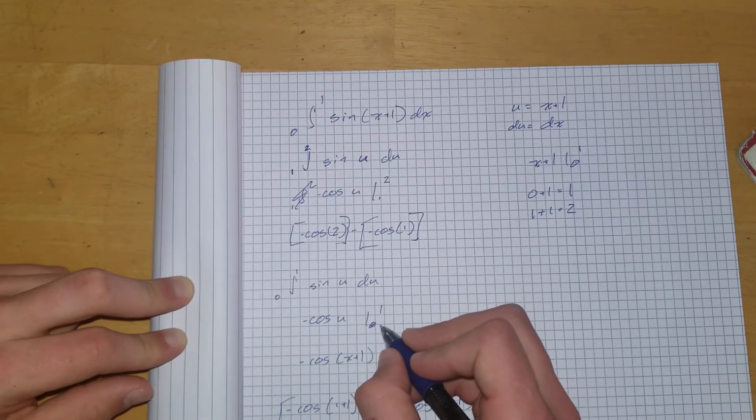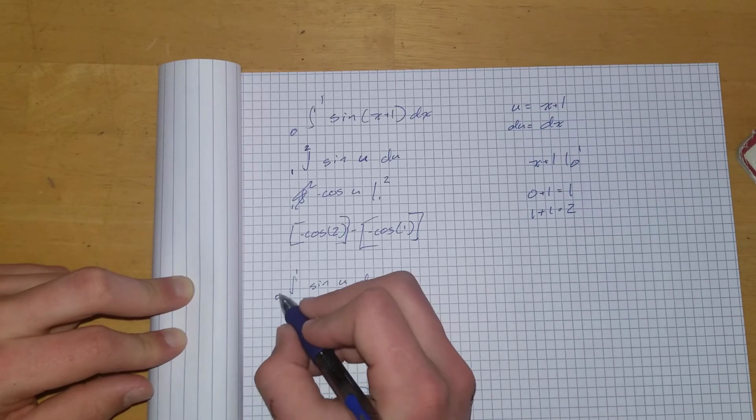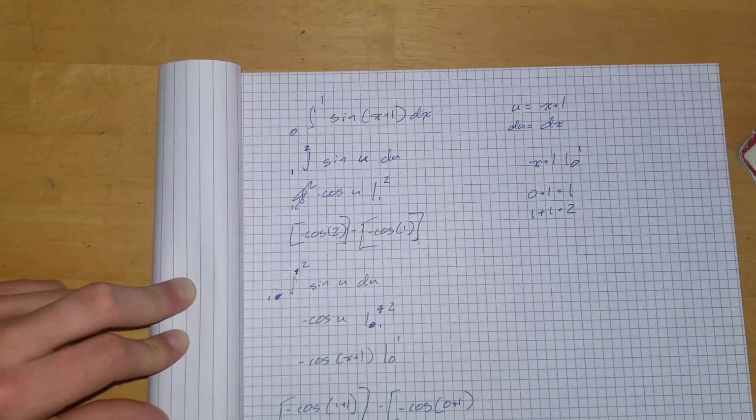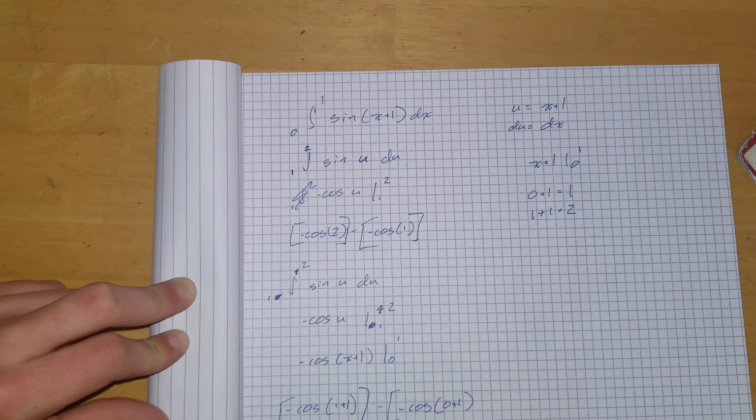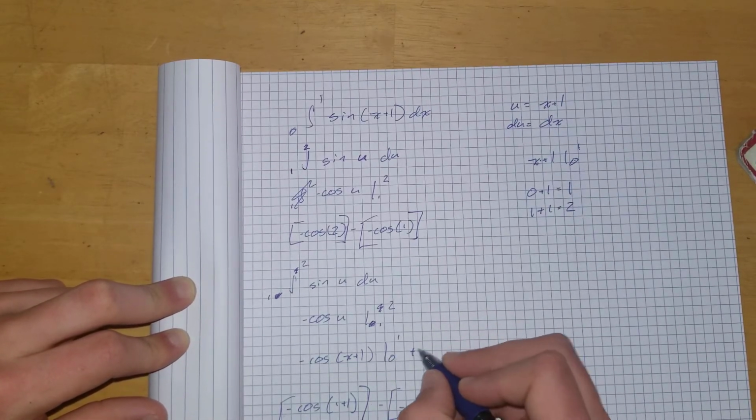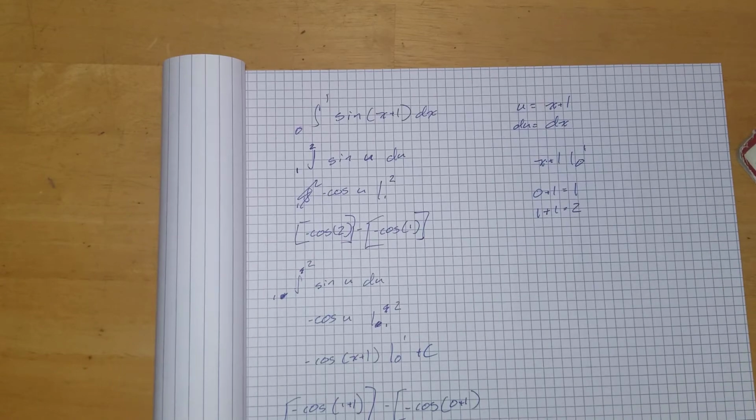Sorry, this needs to be a 2. It's the same thing we got there: negative cosine of 2 minus negative cosine of 1. And I'll just put plus c on there.